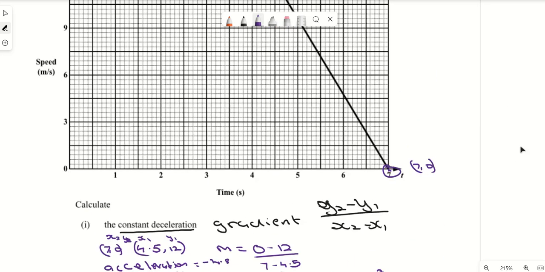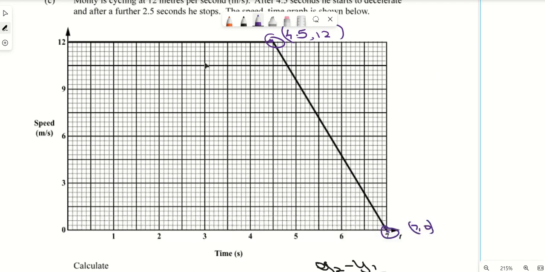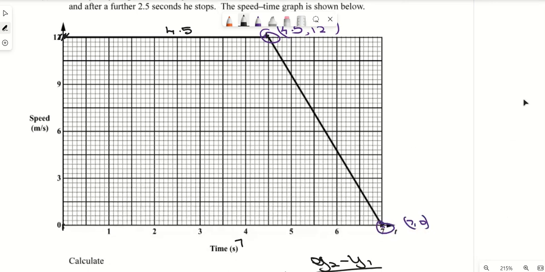So for this, guys, we need to know the area of a trapezium. I'm calling it a trapezium because if we look at this image here, it is a trapezium, right? This top part from here to here is 4.5, and from here to here is 7, and then the height of it is 12. So the top part is A, the bottom part is B, and the height is 12.